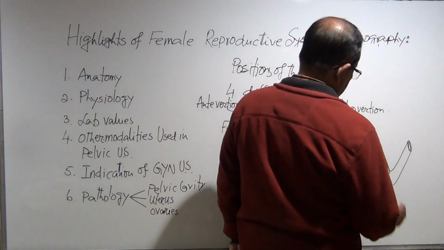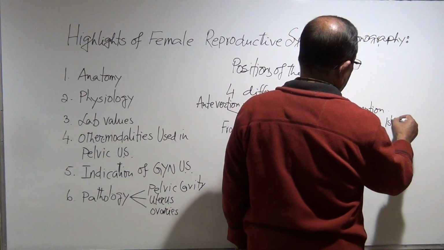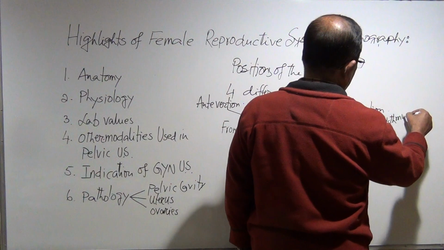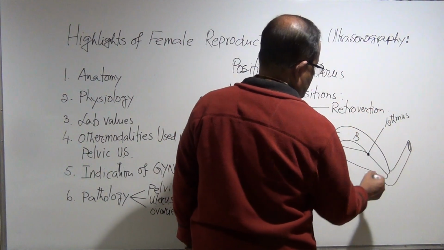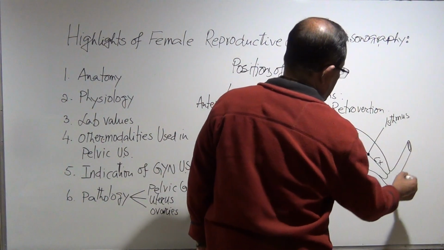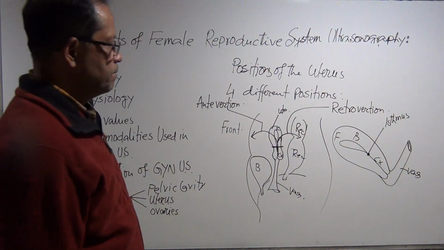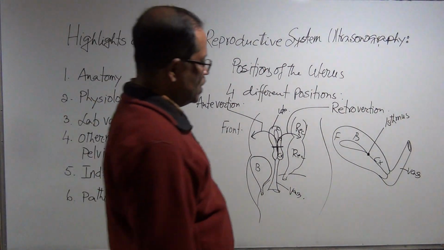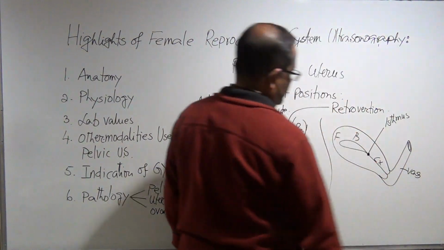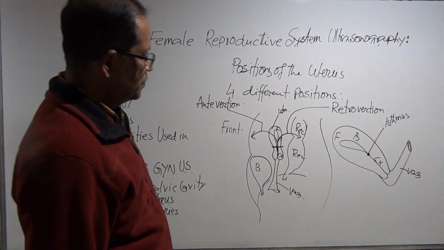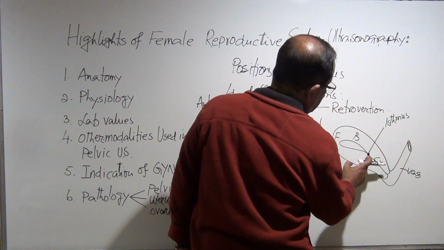Look at here. This is isthmus. This is body and this is fundus. And this is cervix. And this is vagina. You probably notice that uterus is nicely curved. And it makes a unique curve through the isthmus.